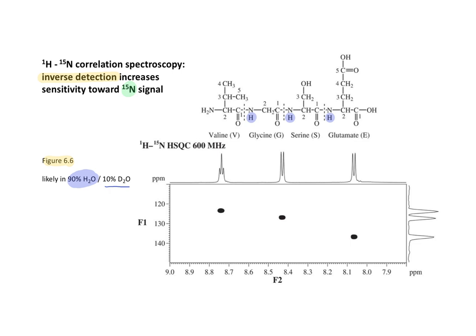In this two-dimensional NMR spectrum, we have proton on one axis and N15 on the other axis. Notice that we have three distinct nitrogen chemical shifts in the range between 120 and 140 parts per million.